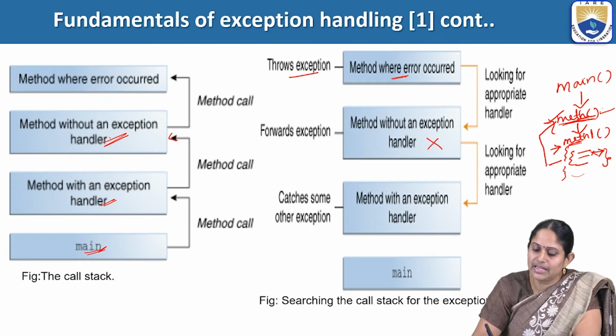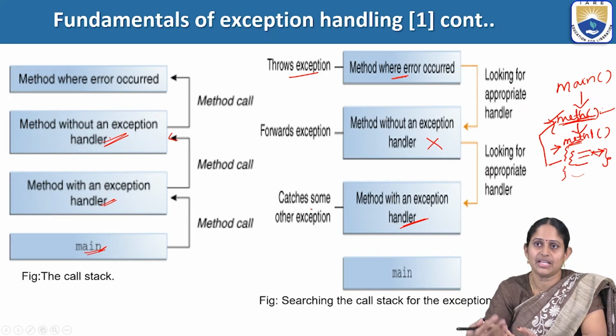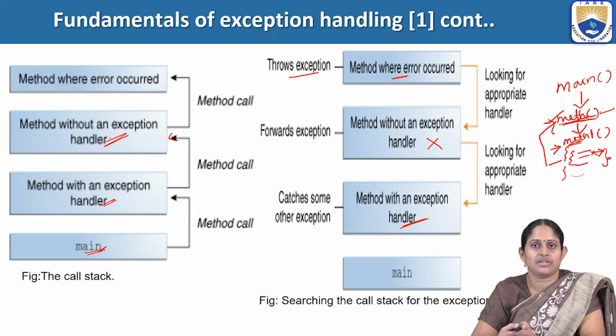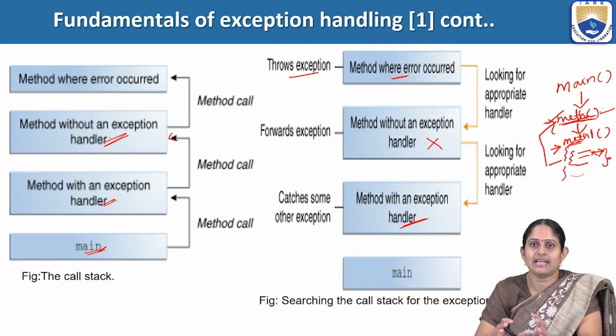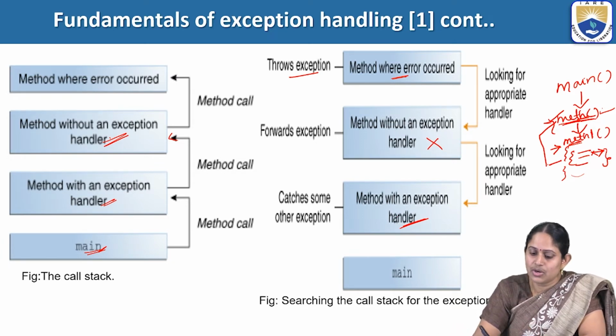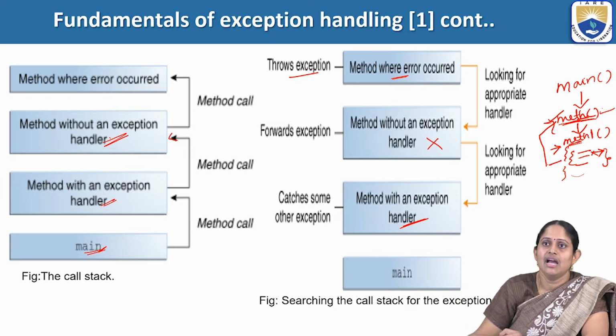When it finds that handler, it catches the exception, using the try catch block. Then some handling mechanism can be given inside the catch block, and from this point onwards the execution can continue.